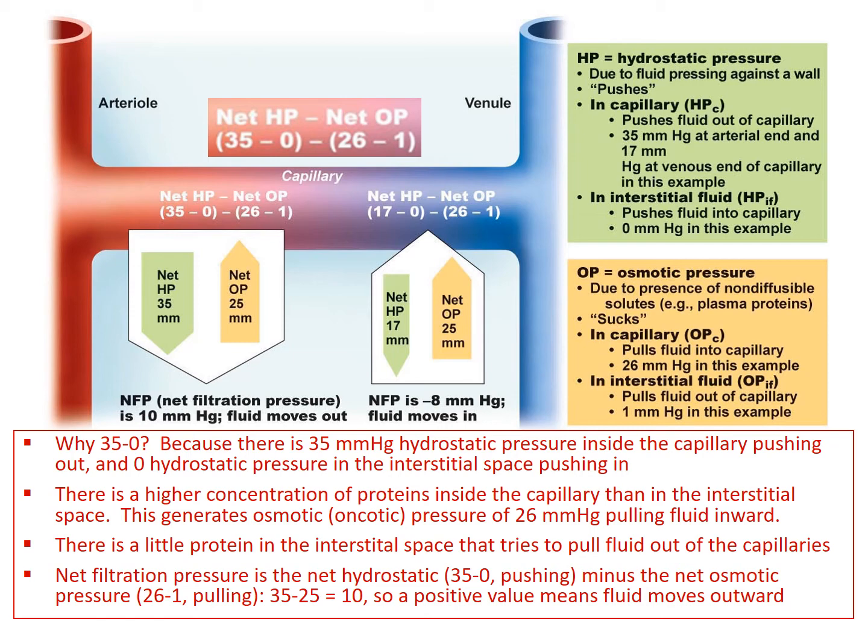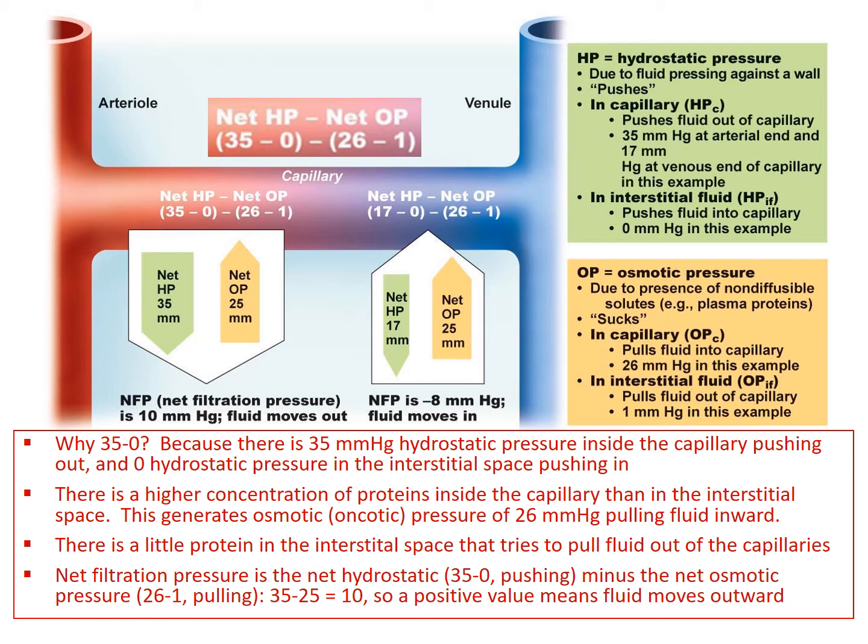Now, you've got to compare some things here. So what's the hydrostatic pressure in the capillary versus the hydrostatic pressure in the interstitial space? Well, the hydrostatic pressure inside the capillary is 35 millibars. This is the pressure that we referred to as being caused by the left ventricle. The hydrostatic pressure in the interstitial fluid is 0.